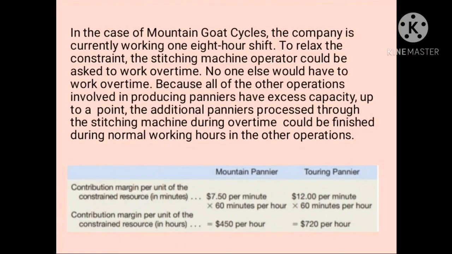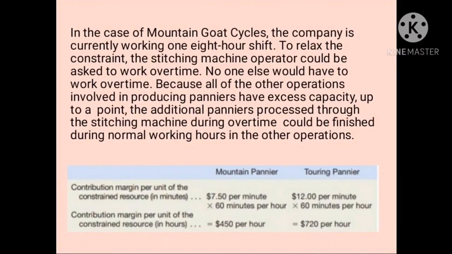Because the additional capacity would be used to make the mountain pannier, the value of that additional capacity would drop to $7.50 per minute, or $450 per hour. Nevertheless, the value of relaxing the constraint would still be quite high, and the company should be willing to pay an overtime premium of up to $450 per hour.